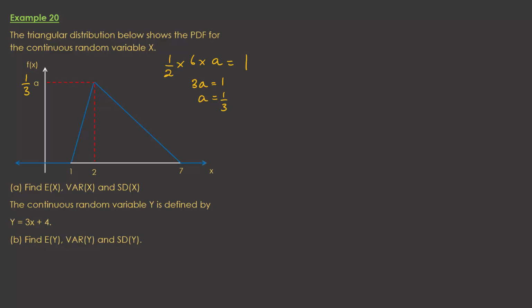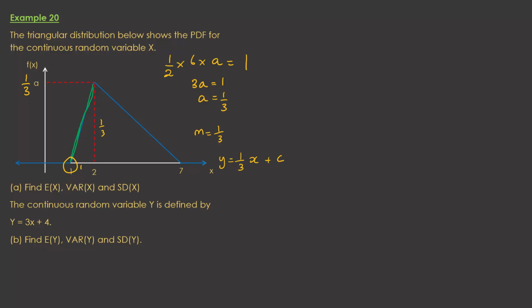So if we now consider the first section just here, we can see that the gradient goes up 1/3 and across 1, so the gradient there would be 1/3. So we'll have y equals 1/3 x plus some constant.